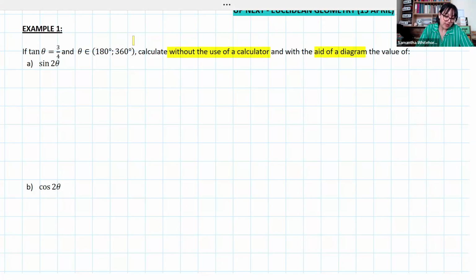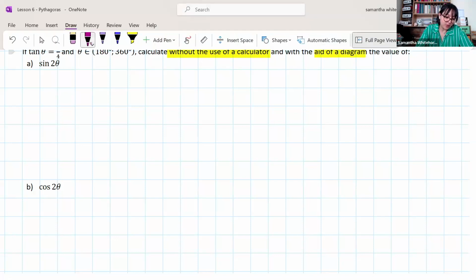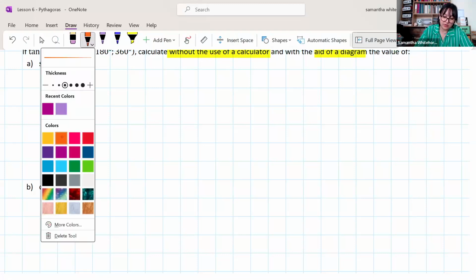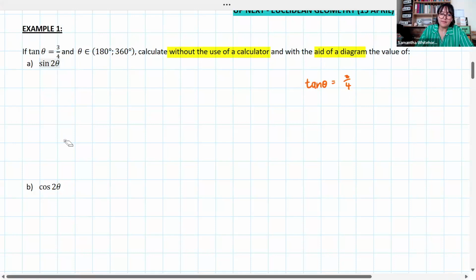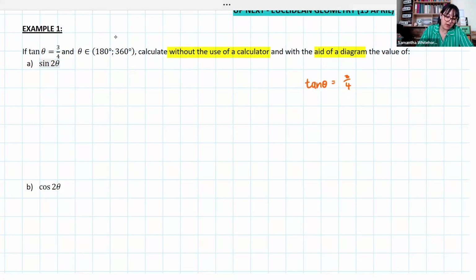So if we have a look at the information we've been given, we were told that tan theta is equal to 3/4. Now remember, tan on your Cartesian plane is y/x.